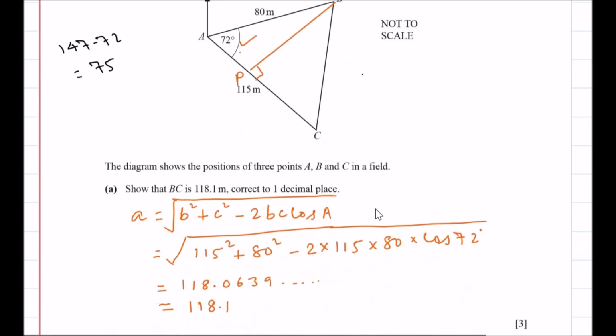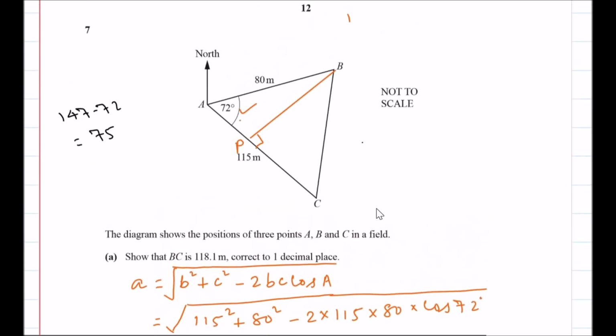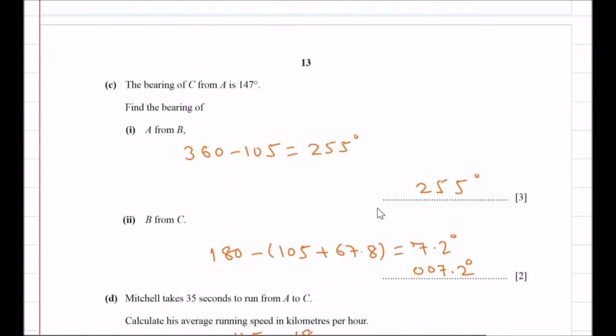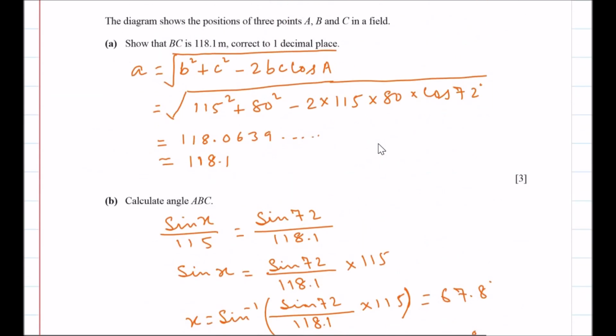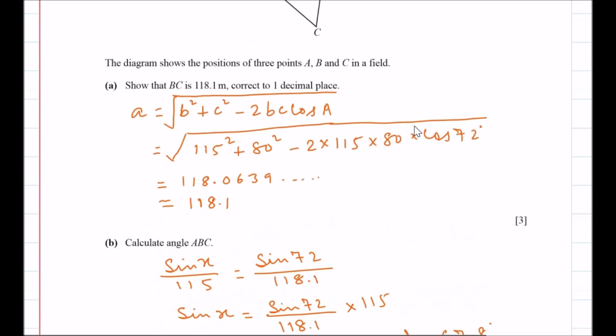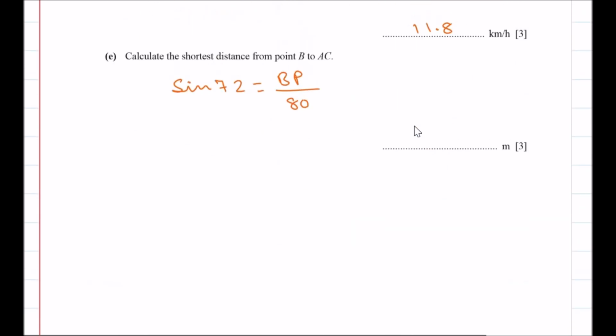So sine 72 equal to BP. We will write here sine 72 is equal to BP divided by 80. Because hypotenuse is 80, you can see in the diagram here, right?